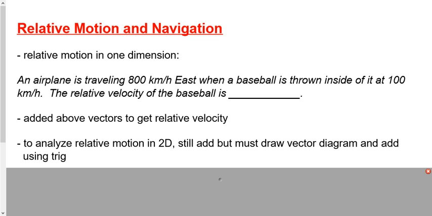But 800 plus 100 is no longer 900 or 700. Now, 800 plus 100 is something else altogether. We know that when we add vectors in 2 dimensions, we have to draw a vector diagram, a right-angled triangle vector diagram, and then do our thing with the Pythagorean theorem and a little bit of trigonometry.